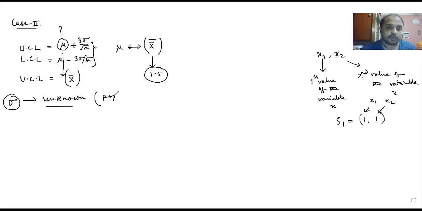Sigma is called the population standard deviation. In the last class, I discussed how to calculate the standard deviation, so I'm not going to talk about that right now. Since the population standard deviation is not known, what shall I do? How can I find this particular item? That is a big question.